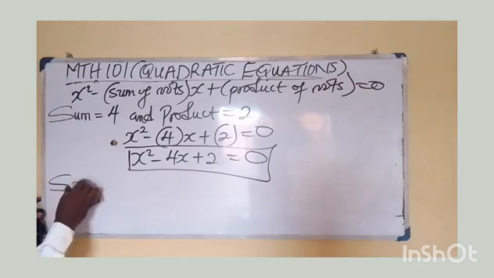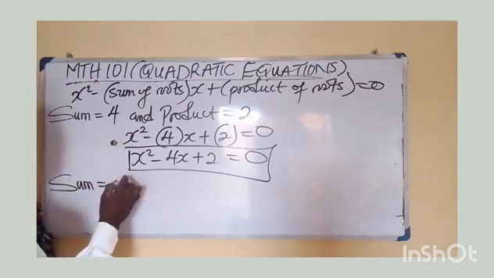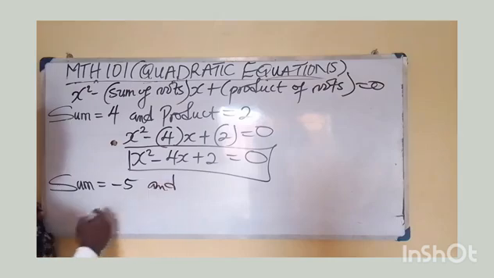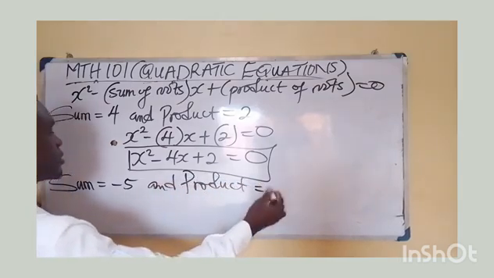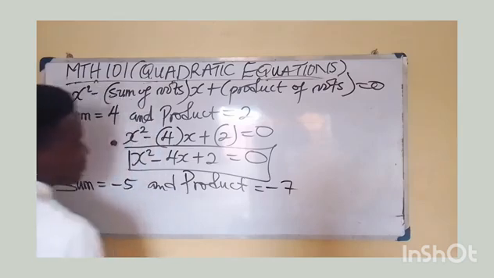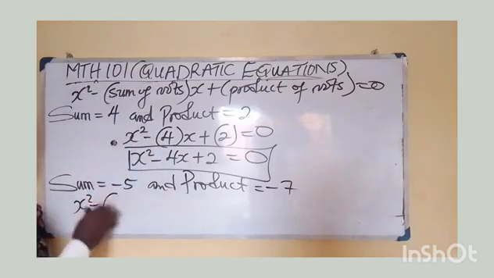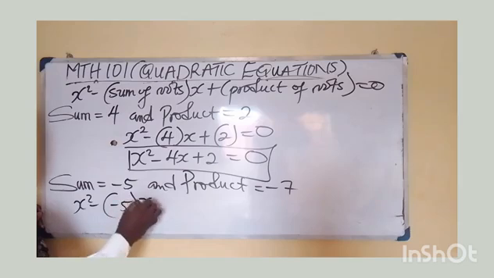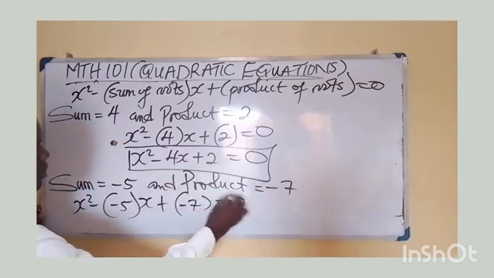So the sum is maybe minus 5, and the product is maybe minus 7. The same thing. x squared minus 5, minus 5 is the sum, then x plus the product, which is minus 7, all equal to 0.